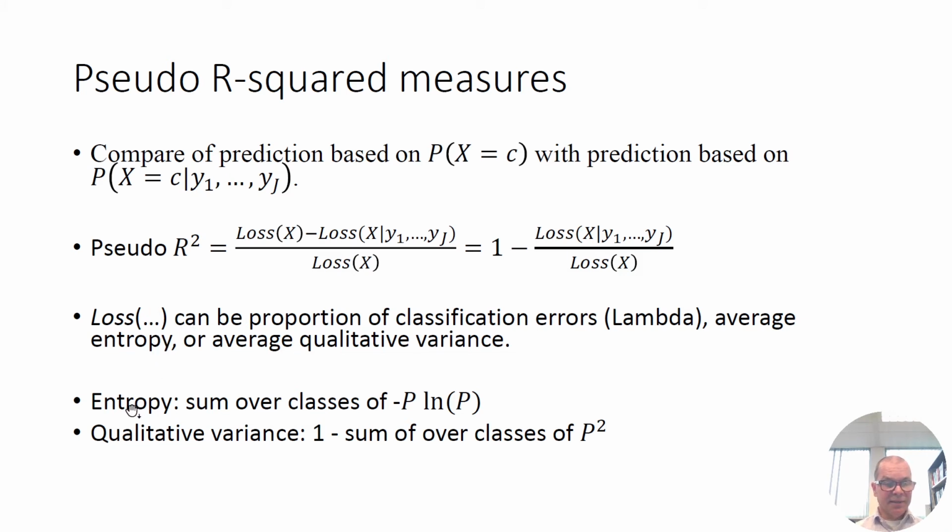The entropy is obtained by summing the negative of the probability times the logarithm of the probability over categories, in this case over latent classes. The qualitative variance is 1 minus the sum over categories of the square of the probability. I will show that in more detail in the spreadsheet that I created.